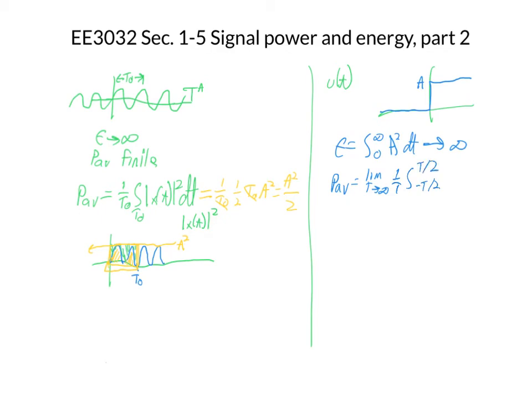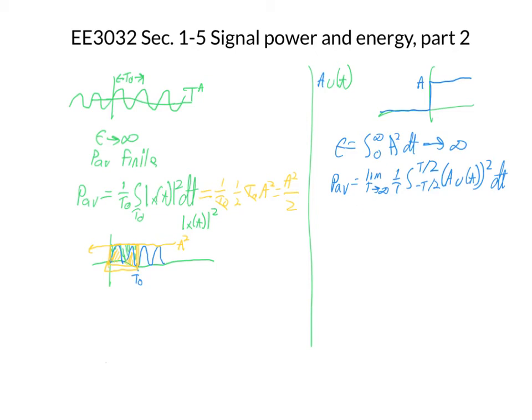The unit step, so we have A times the unit step, magnitude squared. It's never a complex number, so I can just square it here. And we integrate with respect to time.